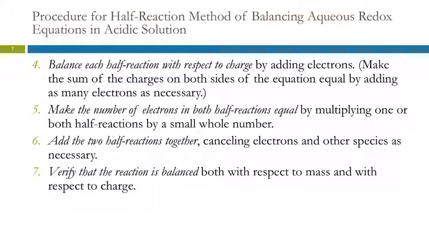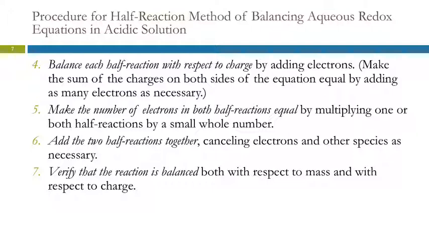After we do that, we balance each reaction with respect to charge. So what we're going to do there is we're going to add electrons. Electrons have negative charges. We'll add them wherever they need to be, as many as we need, so that we get equal charges on each side of the arrow for each half reaction.